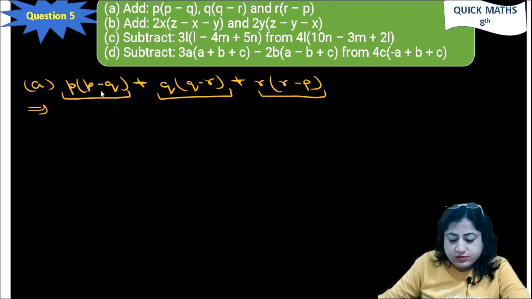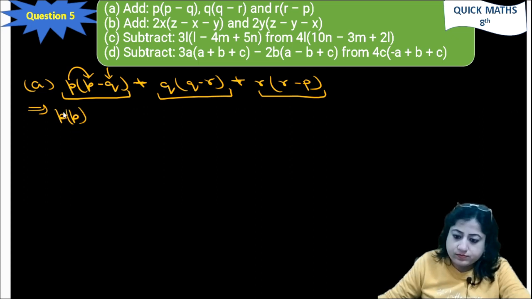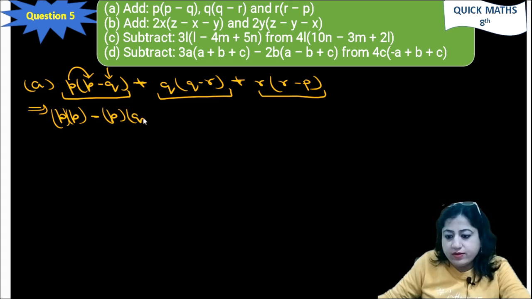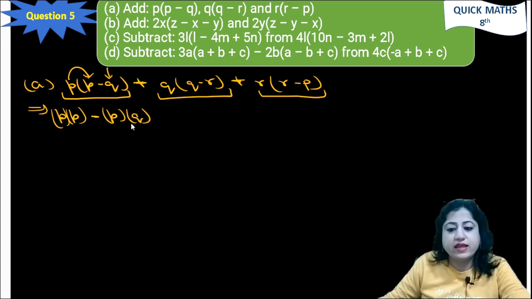Now in the first term, using the distributive law, p will multiply with p first and then with minus q. So p will multiply with p, then minus p will multiply with q. I am not writing the sign of multiplication, but obviously if there is no sign, it is a sign of multiplication.